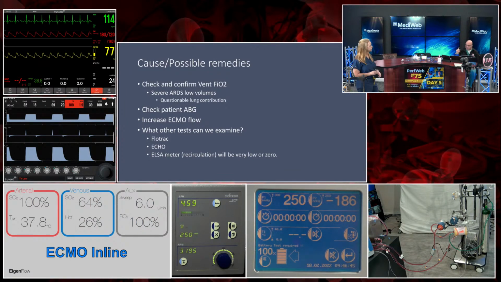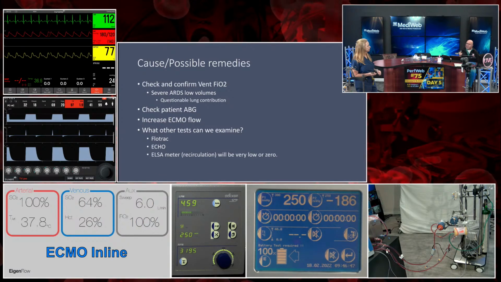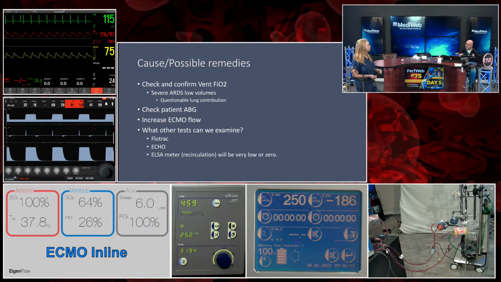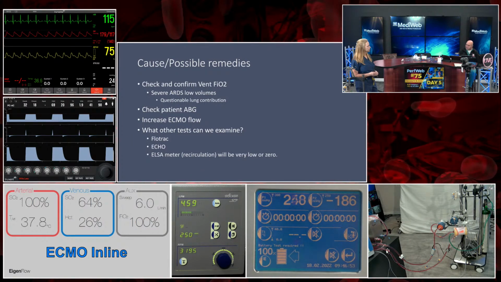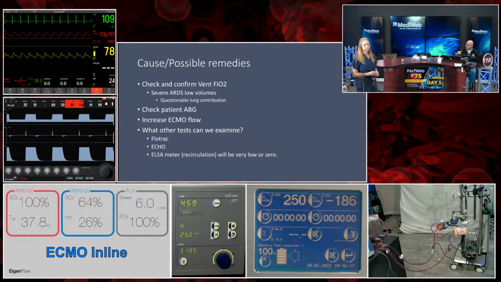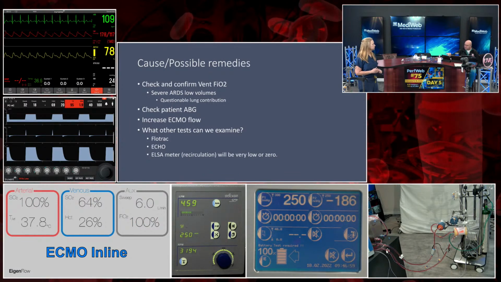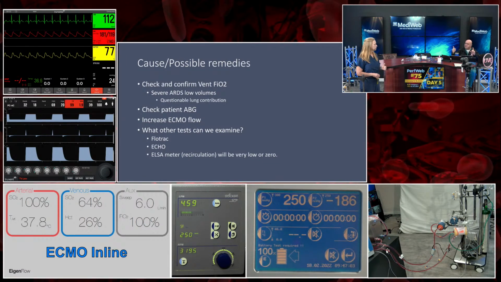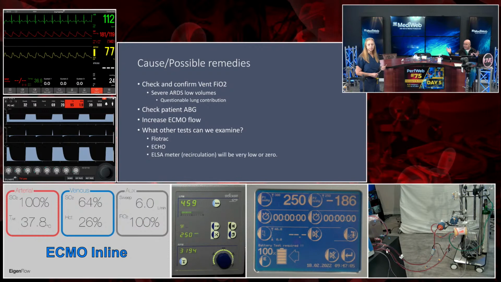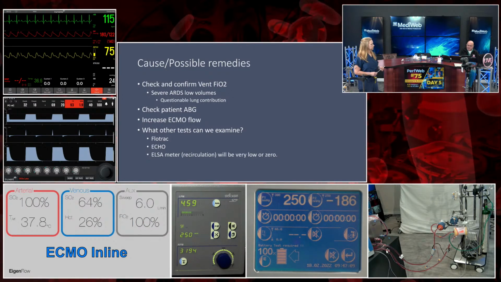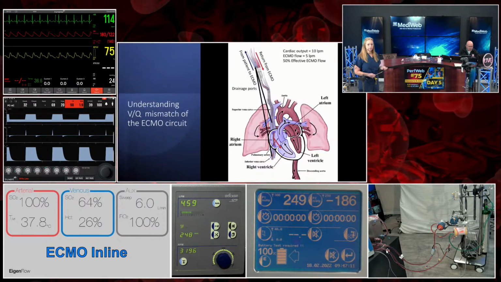So very high recirculation can be indicative of either catheter malposition or heart failure, and we're actually going to do that in the next scenario. There are ways to differentiate between the two that I'm hopeful we are going to teach you to do. So what is the appropriate thing to do for this patient?